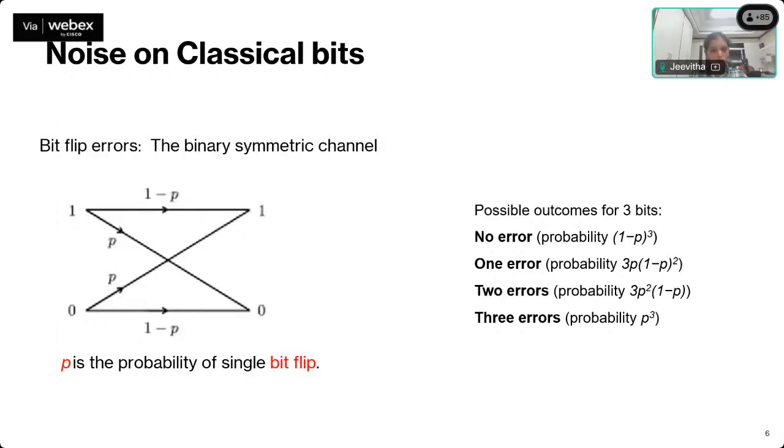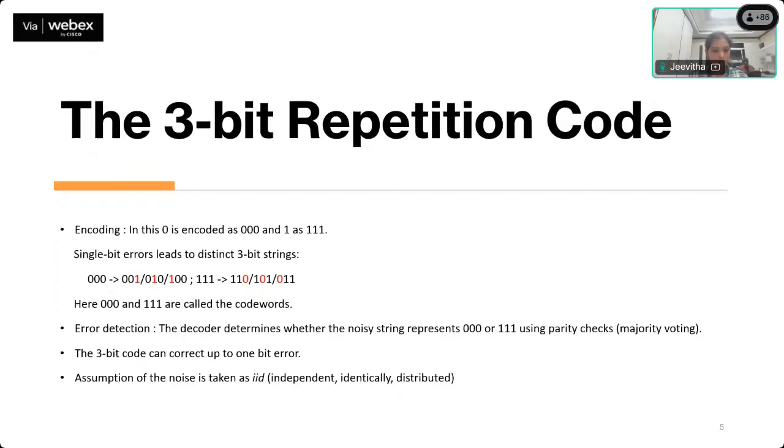It means that all the bits have flipped. You can take an example of the 3-bit repetition code. If this is the code word, and in this state all the 3 bits have errors, it means that this can flip to the other code word.